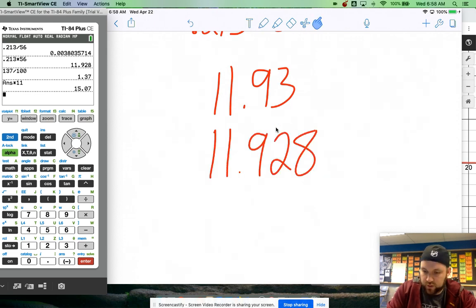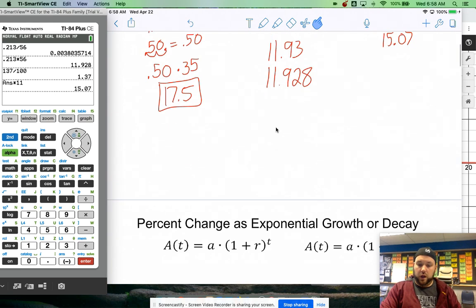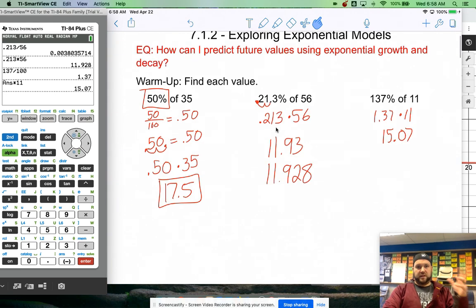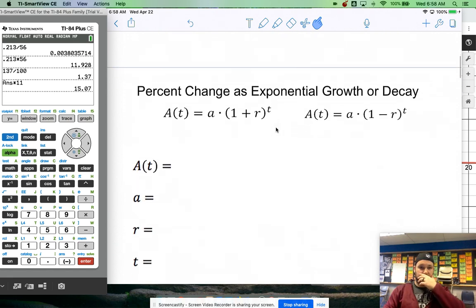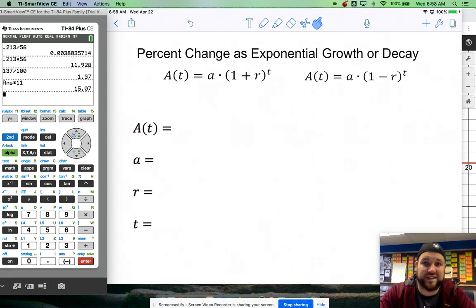It's 11.928, but whatever. All right. So percentages of numbers going to be a big deal today. Percentage change. So if there's a 30% off sale, or if a city's population is growing at 5% per year, these are examples of exponential growth or decay that's just not using those words.